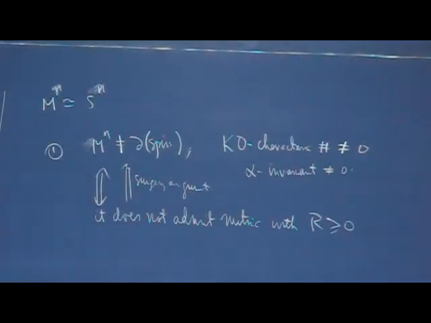Because it turns out positive scalar curvature survives under spin cobordism surgery, and you can look at what kind of manifolds you can do surgery on. So this settles the problem, at least for scalar curvature.